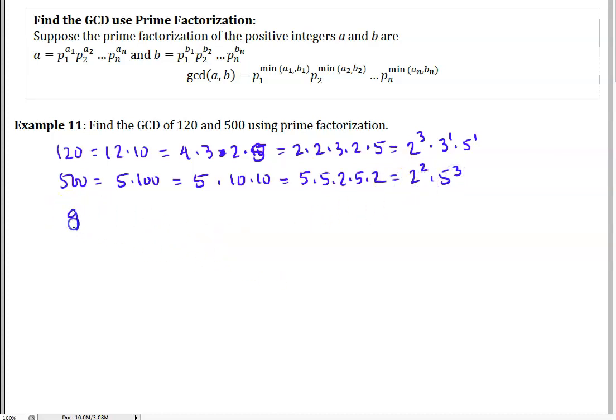Okay, so the GCD of these two numbers: each factor to the lowest exponent. So the 2 to the lowest exponent is 2 to the 2, the 3 to the lowest exponent will be 3 to the 0 because it doesn't appear there, and 5 to the lowest exponent is 5 to the 1. So we have 4 times 5, which is 20. So 20 is the GCD of both of these.